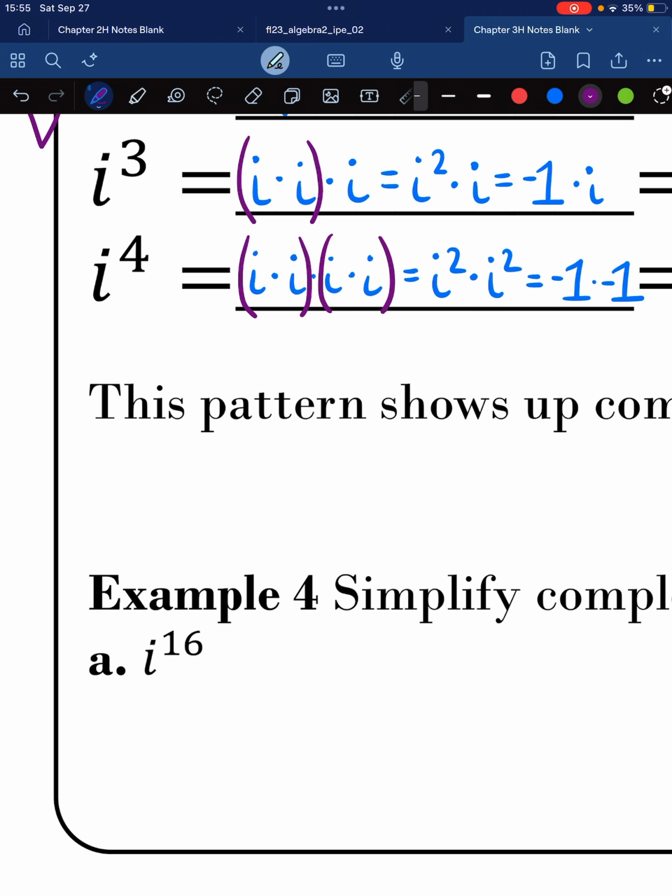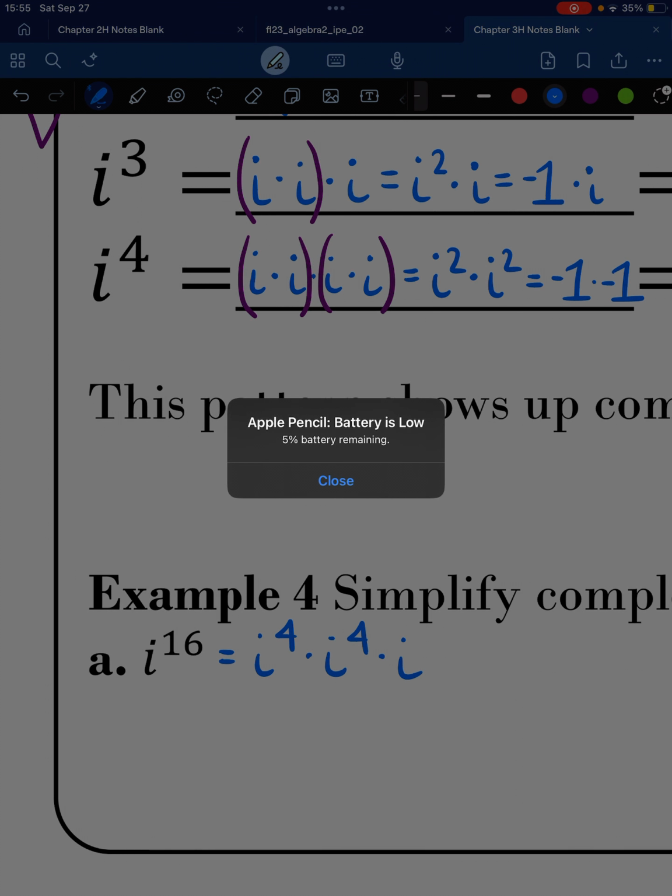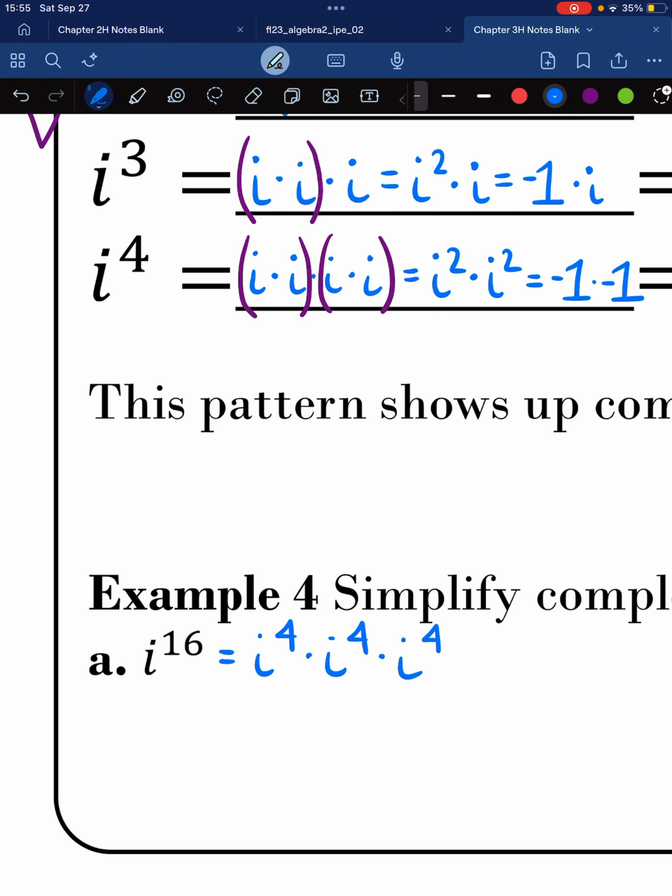Okay, so i to the 16th power. 16 is a multiple of 4, so I immediately know this simplifies to 1. The answer is 1, but I just want to show you why real quick. I can create a group of 4 and another group of 4. Remember, all I'm doing is using that associative property.